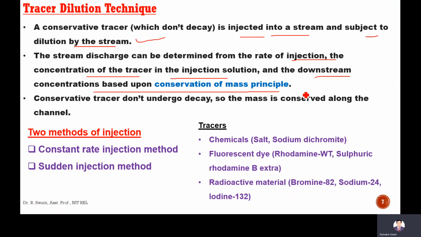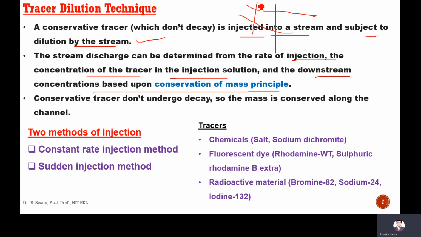This tracer dilution technique is fully based on the conservation of mass. Conservation of mass means the mass of tracer you are injecting is equal to the mass of tracer at the section where you have to measure the discharge. So the mass remains constant. Take section 1 and section 2: section 1 is at the injection point, and this is the stream.